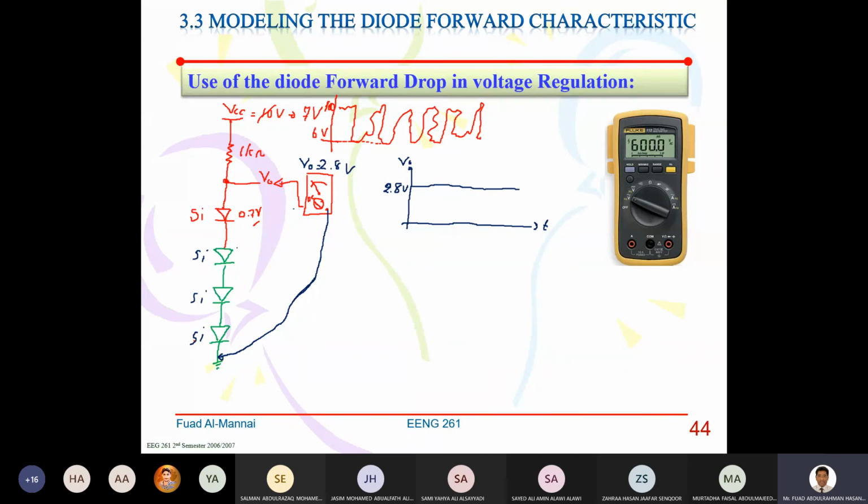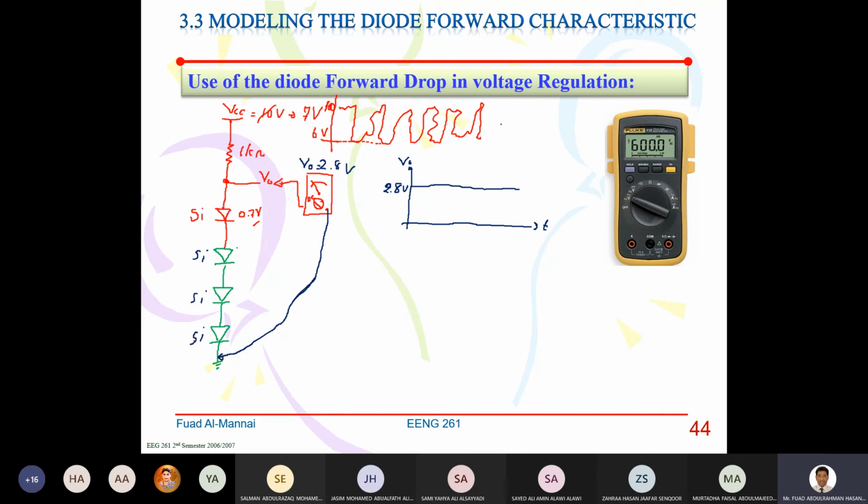Now just suppose my VCC is 10 volt, but it's not smooth VCC. It has some kind of noise, and it will go like this, from 10 volt to 7 volt to 6 volt.